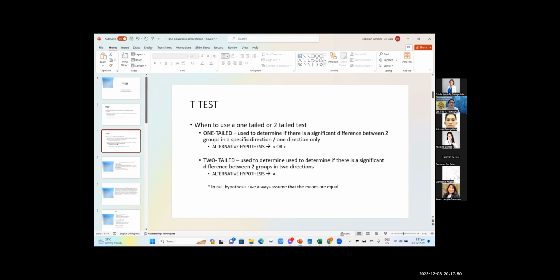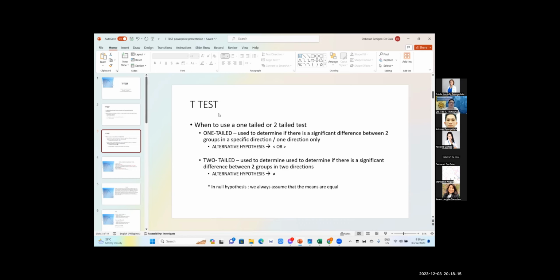So when are we supposed to use a one-tailed or two-tailed test? We use the one-tailed test if we want to determine if there is a significant difference between two groups in a specific direction or in one direction only. With that test, for the alternative hypothesis, we want to find out if the values of the means are equal or greater than.